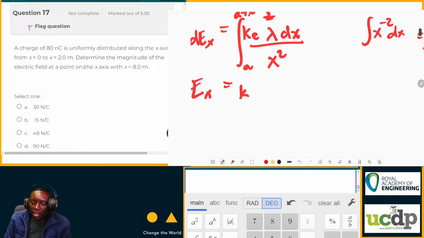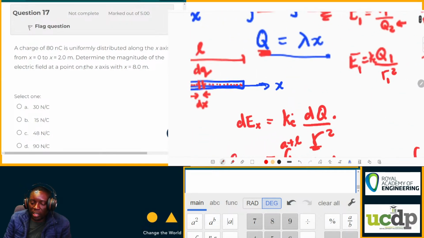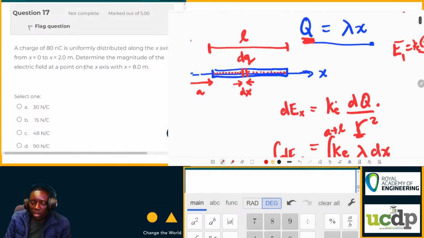So this is Ke lambda, which is constant, times negative x to the minus 1 from A to L plus A. Remember, I was saying L plus A because this is A where we have our rod, and this is L plus A, marking the end of the rod.